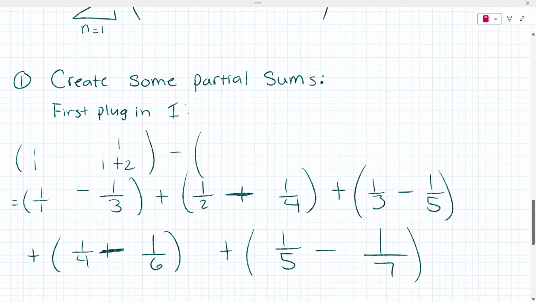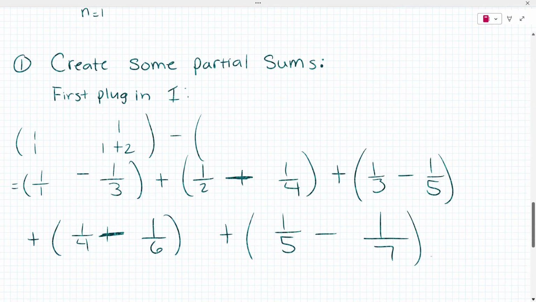Yes. Let me rewrite this again. When we stopped at 5, plugged in 5, this is what you should get.